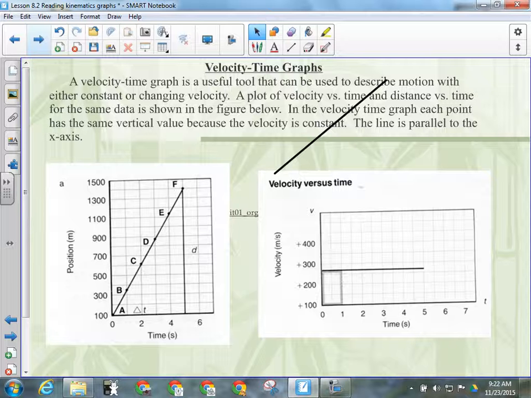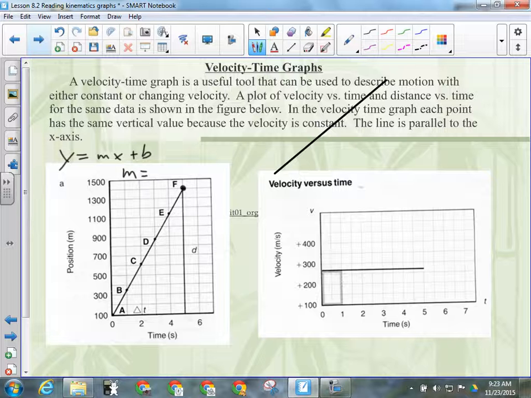I could use y equals mx plus b and calculate the slope of the line. Let's do that. My y-intercept is actually what here? It's 100. So y equals mx plus b. I'm going to use this spot up here to get my y and x values from. Is everyone okay with that? I could use any of those points, but I'm going to use the last one. So I'm going to manipulate for m.